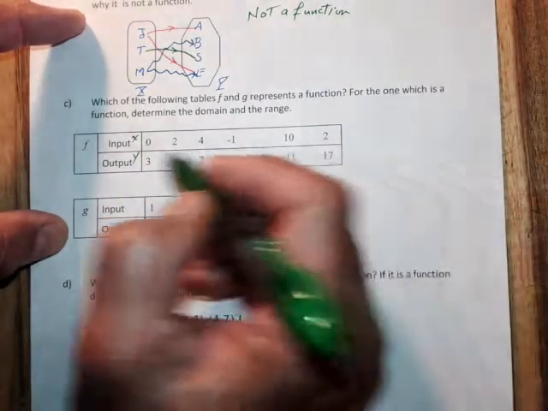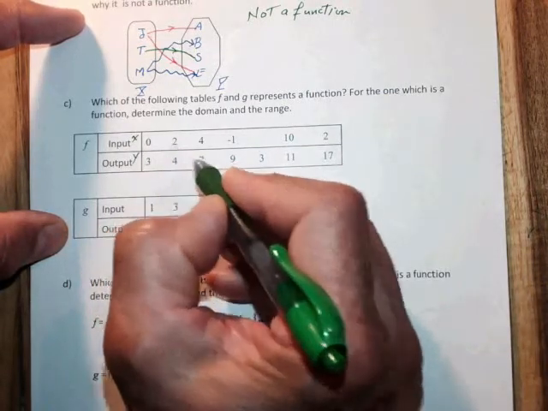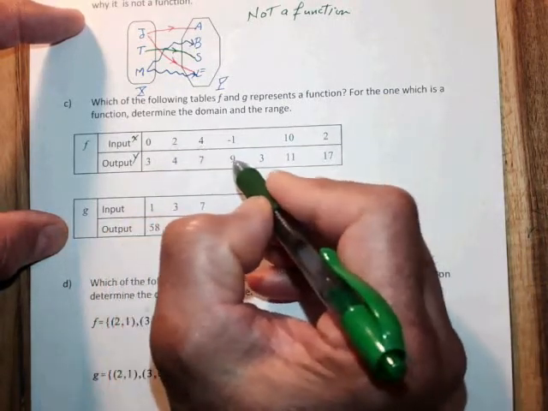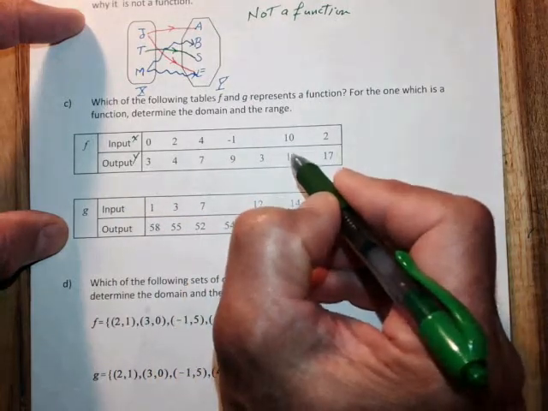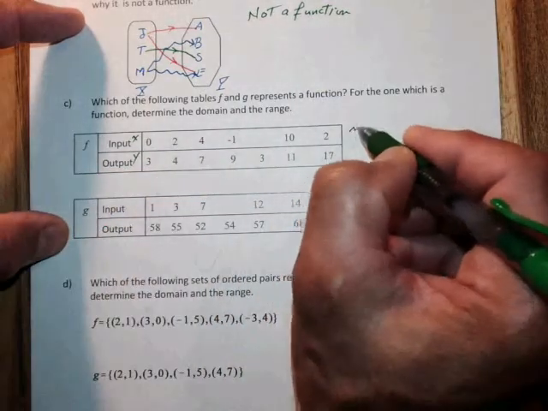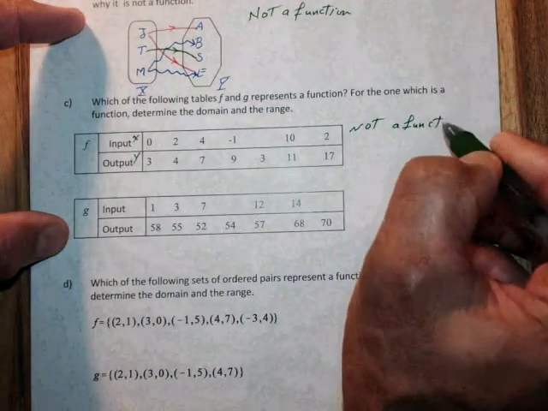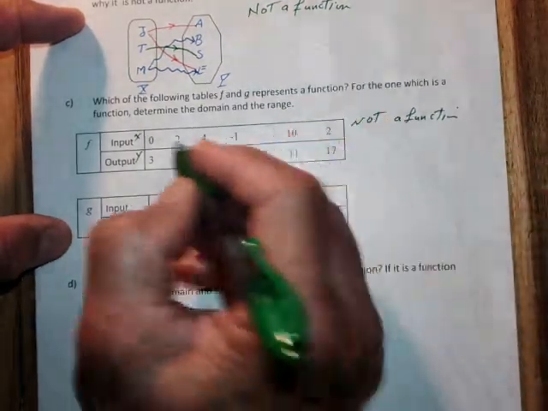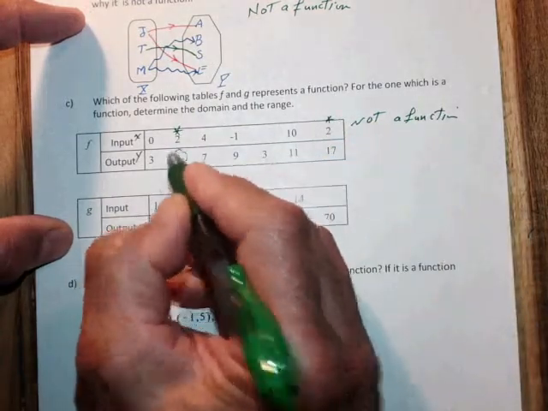And according to this table, 3 is assigned to 0, 4 to 2, 7 to 4, 9 to -1, 5 to 3, 11 to 10, and 17 to 2. And clearly this is not a function, simply because 2 here has been assigned two different outputs.